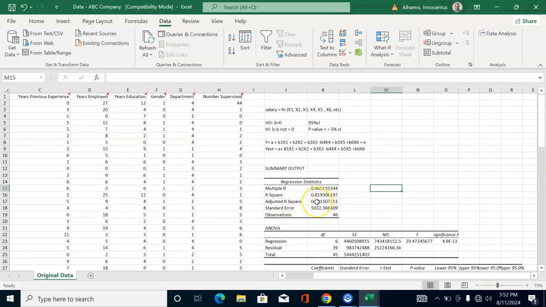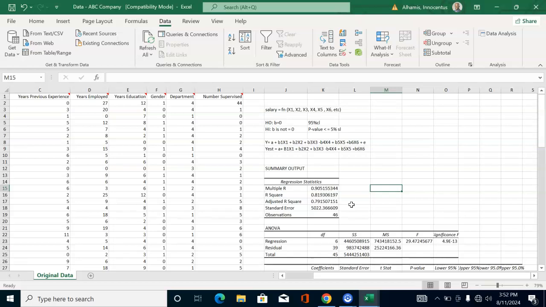So 80% is explained, and the error term will be the remaining 20%. Now if we can explain the salary using all these variables for about 80%, that will actually be a good estimation.